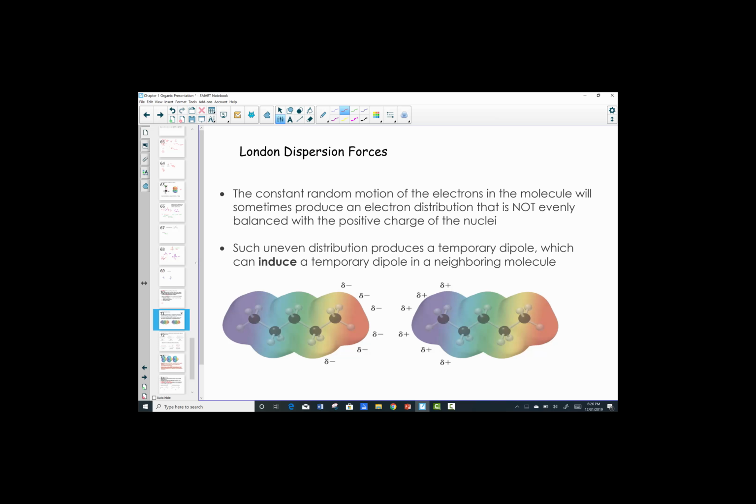So a very, very temporary induced dipole will occur when two molecules become so close together they can influence the distribution of electron charge. The kicker here is to understand that it's so temporary. It's an instant in time, and then the electrons themselves redistribute to a non-polar configuration.